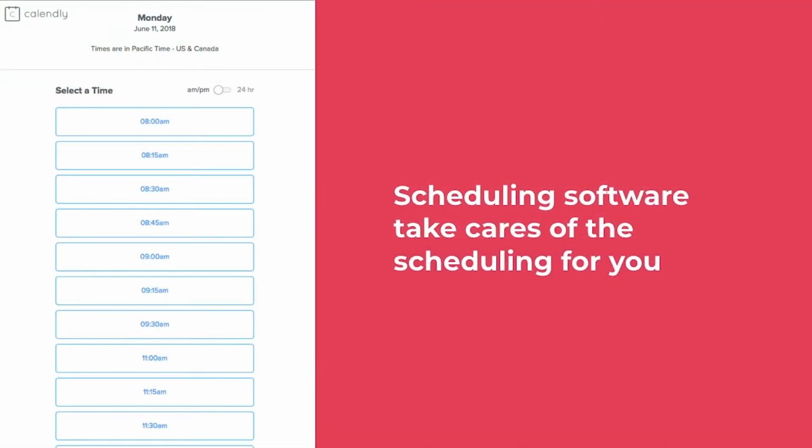And I'm going to show you an example of how I'm scheduling all my user research calls. I'm using a tool called Calendly, and it's pretty much an email scheduling software that will integrate with your own calendar, and it will figure out when you're free and available for doing user research.